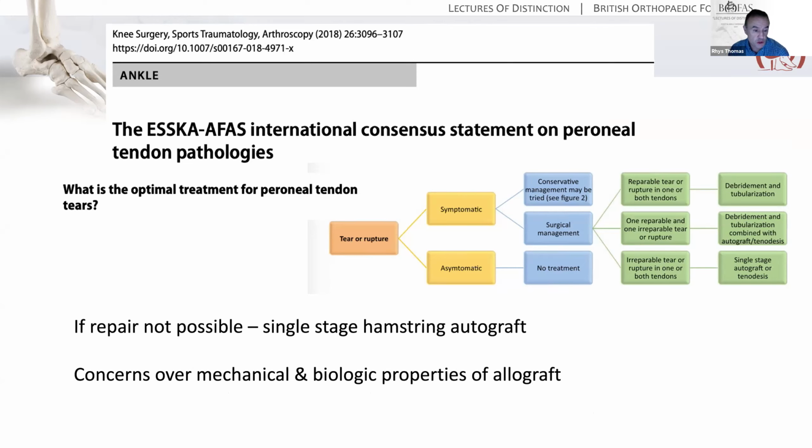If repair or tubularization isn't possible, they would then recommend a single stage hamstring autograft. They have concerns with the use of allograft in terms of tendon incorporation to the distal and proximal ends, but also over time with creep within that tendon, which, as you know, is a concern also with the use of allografts for anterior cruciate reconstruction.